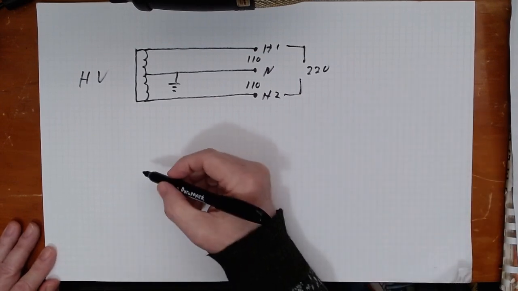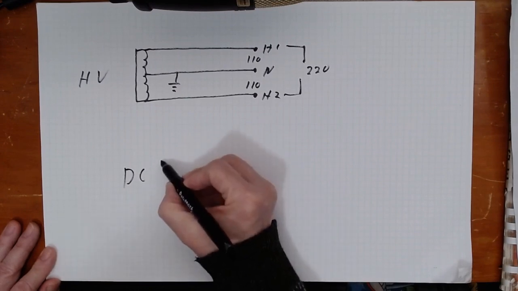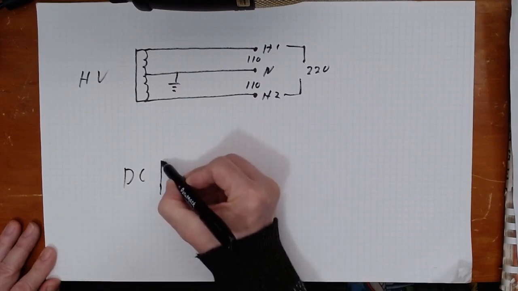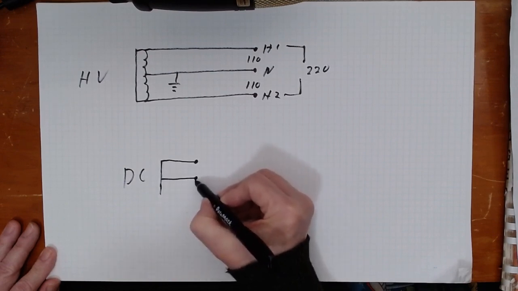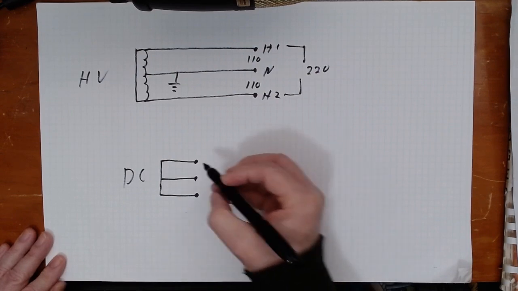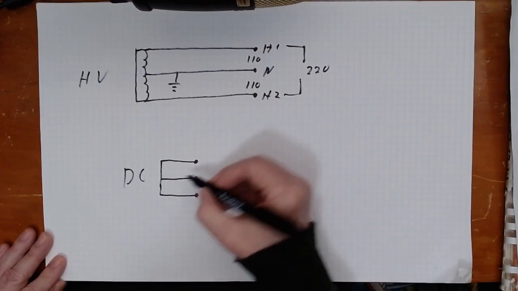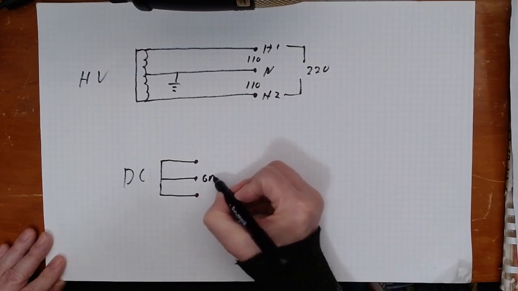Now, in a similar way, the DC current that comes into our power supply on the 33E and a lot of other analog organs is kind of a similar setup. We have a center point that is our ground.